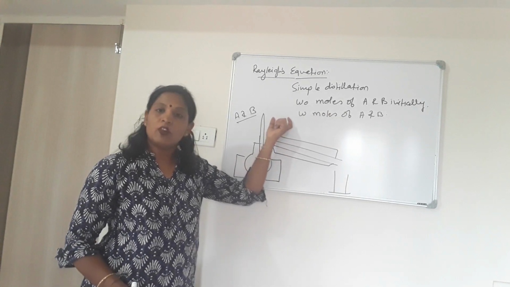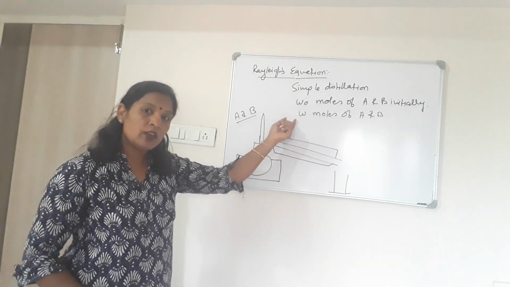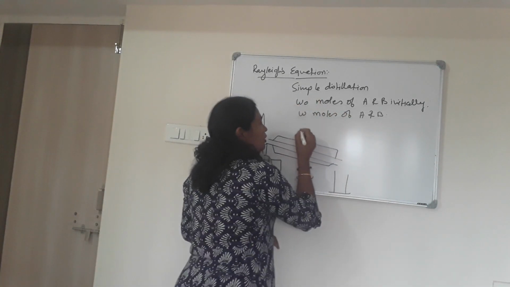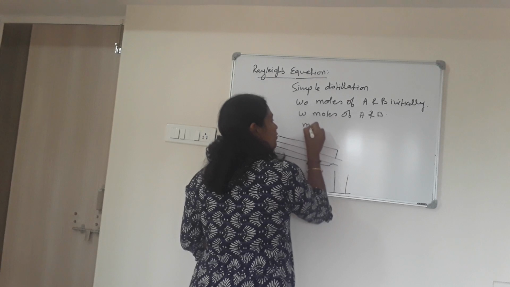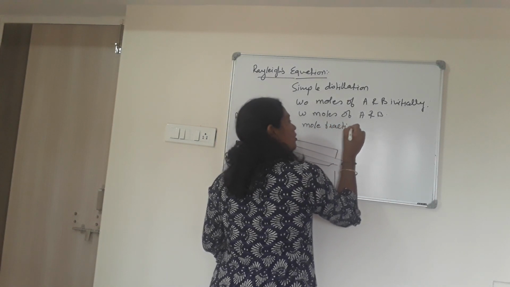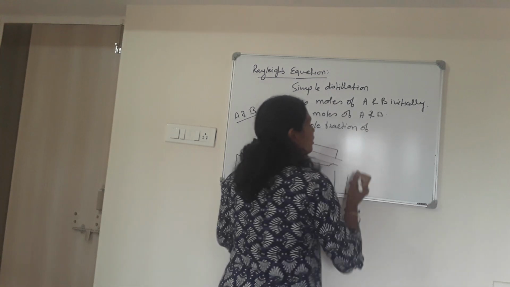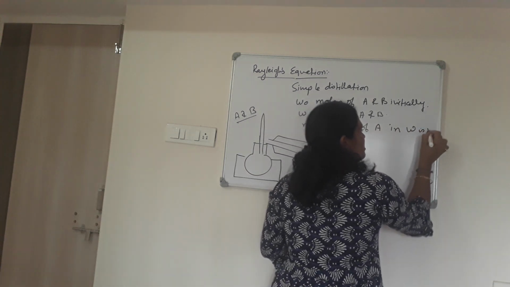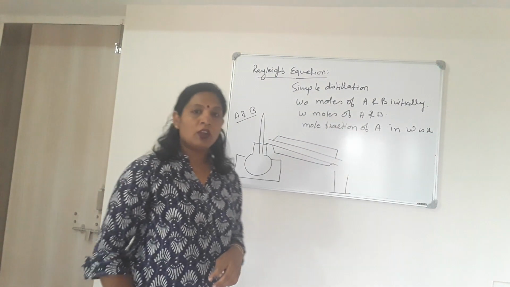Here A is more volatile, which means it has a lower boiling point compared to B. Now the mole fraction of A in W is x.